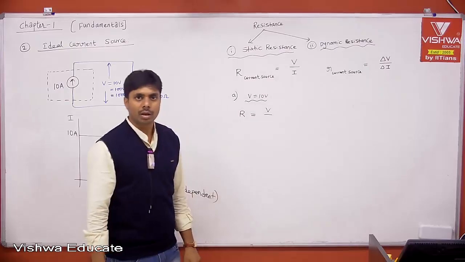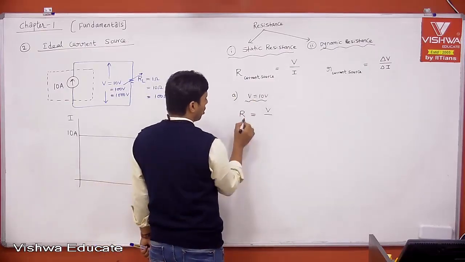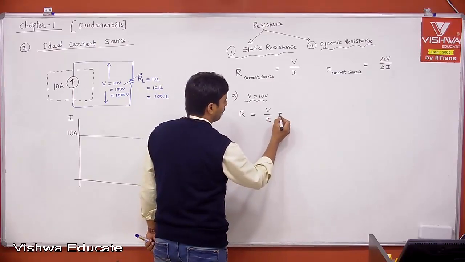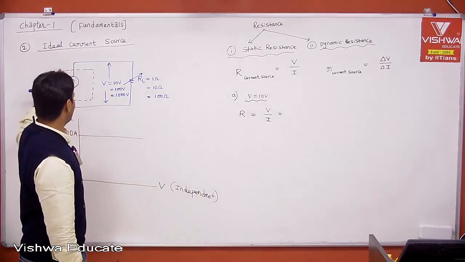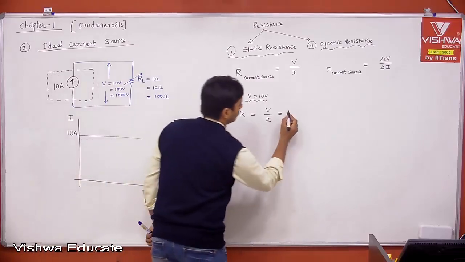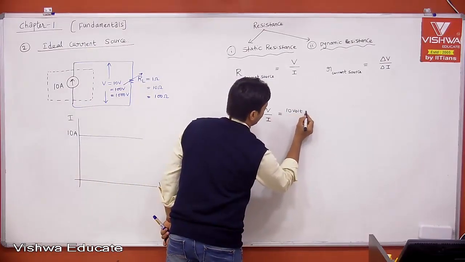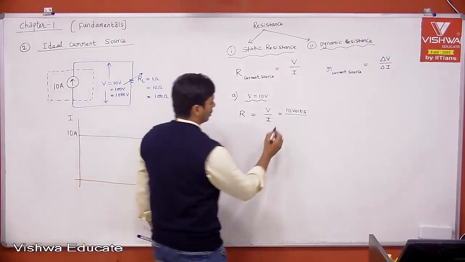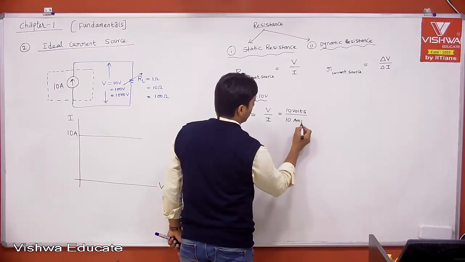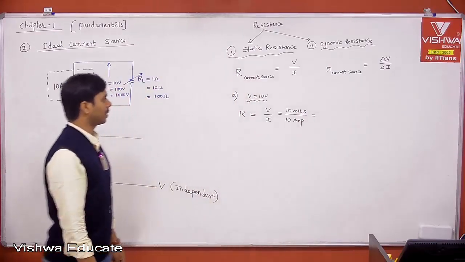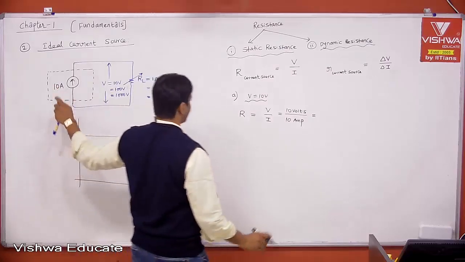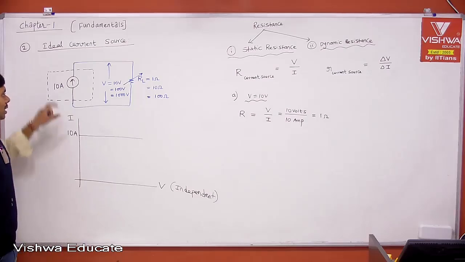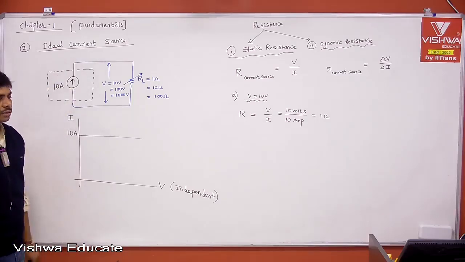Let me take R equal to static resistance equal to V divided by I. Tell me, what is the voltage across your current source? That is 10 volts. And what is the current from your current source? That is 10 ampere. Then what is the resistance of your current source? That is nothing but 1 ohm, because V by I is the voltage across the current source and the current from the current source.